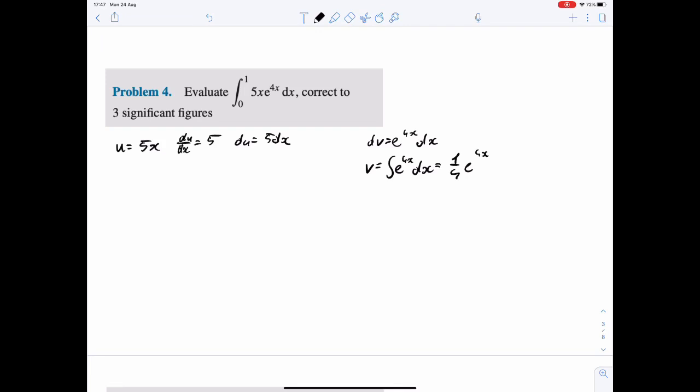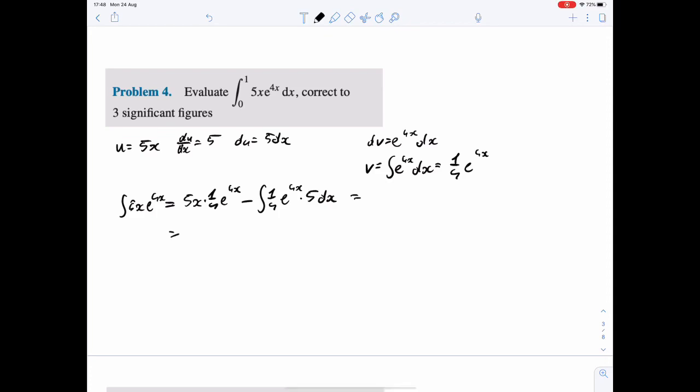So now I can put this all together to get the integral of 5x e to the power of 4x is uv, which is 5x multiplied by a quarter of e to the power of 4x, minus the integral of v du, so that will be a quarter of e to the power of 4x multiplied by 5 dx.